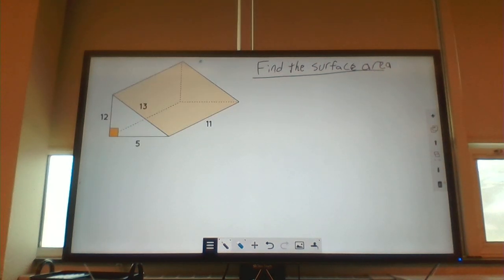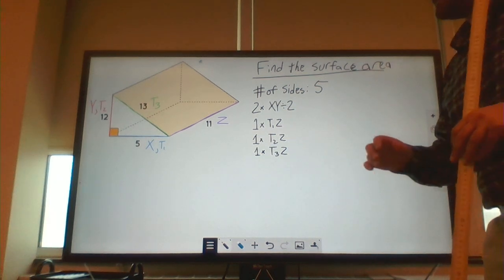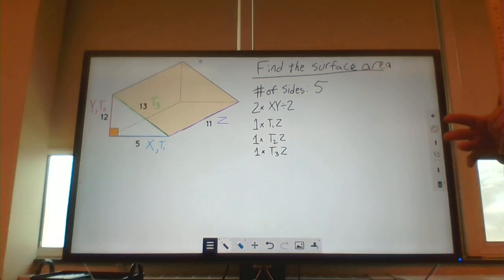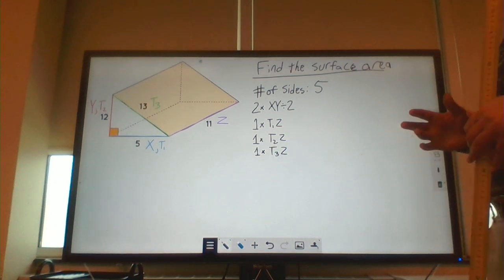Here we have a triangular prism. Specifically, we have a right triangular prism, which enables us to get away with only 4 measurements instead of 5. So try this one on for size, and then check in with me on the next slide. So the first thing is to establish that we need our x and y dimensions in order to get the area of the triangular base.